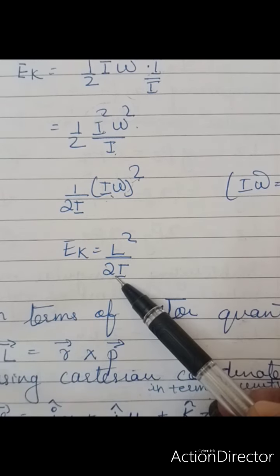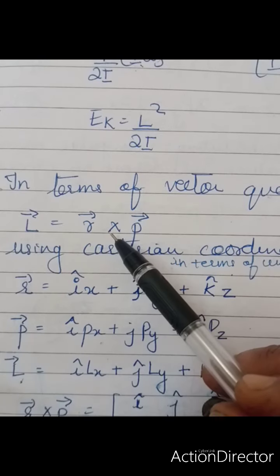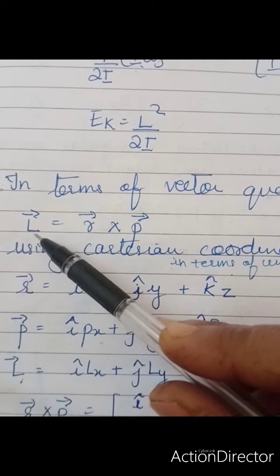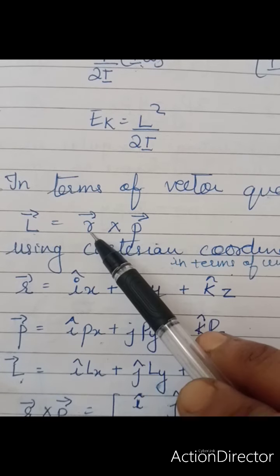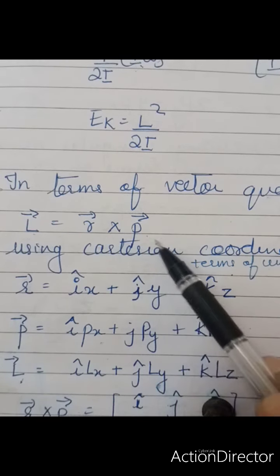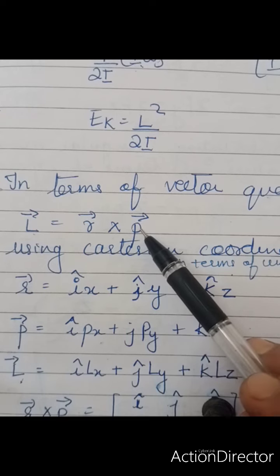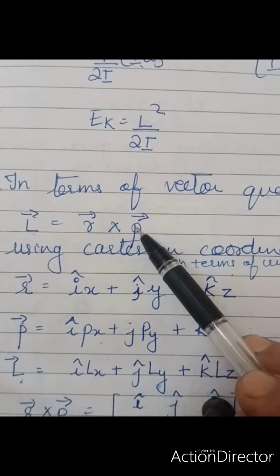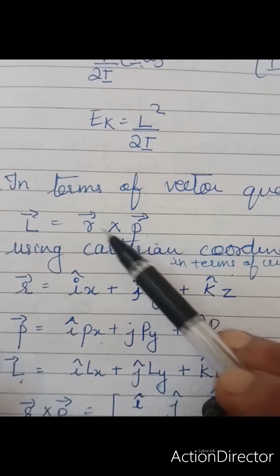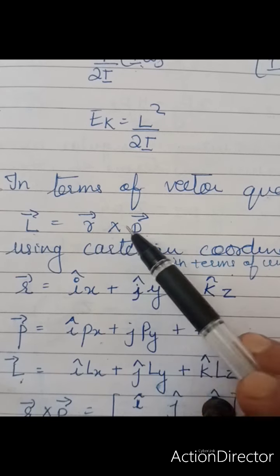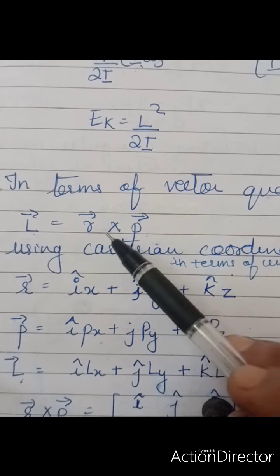So this was in terms of scalar quantity. Now let us say in terms of vector quantity, this L will be given by R vector cross P vector. We will be using Cartesian coordinates, that is in terms of unit vectors i, j, k. So we will be finding out the value of R and P, and then putting them here.